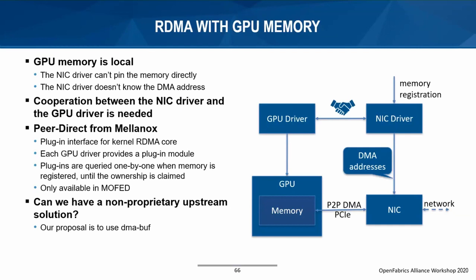When the GPU plugin detects the memory is owned by itself, it responds and associates itself with that memory, and the RDMA core will then use the GPU-specific functions to pin the memory and do the address translation.